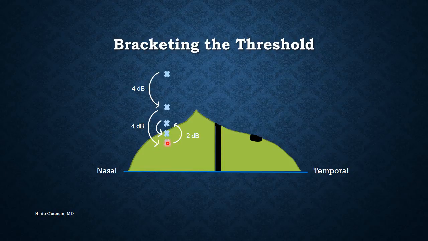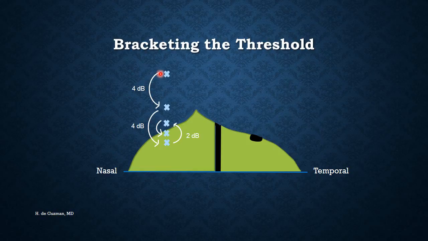So now the machine goes dimmer again by 2 decibels this time. If the patient did not see it, the machine now goes back to brighter, but this time by only 1 decibel. So this is called bracketing the threshold, and by doing these steps all at one point, the machine is able to determine the patient's threshold at that point.